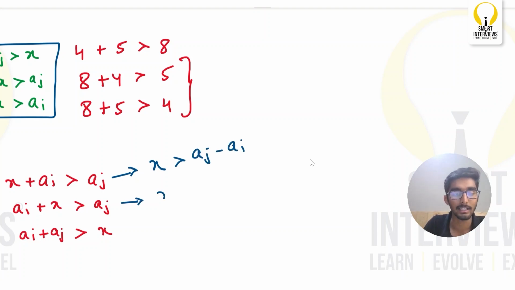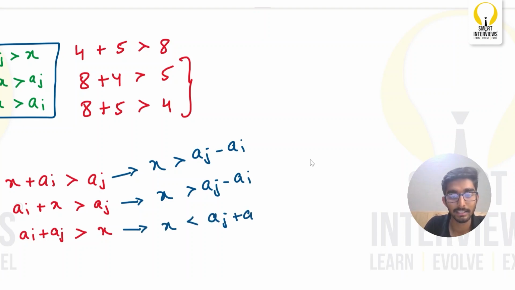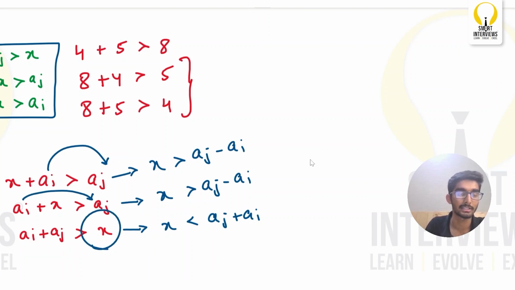From this, I can say x is greater than aj minus ai. From this, I can say x is less than aj plus ai, right? I am sending ai this side, to this side. This side is already on the right hand side, so I am just changing it the other way.